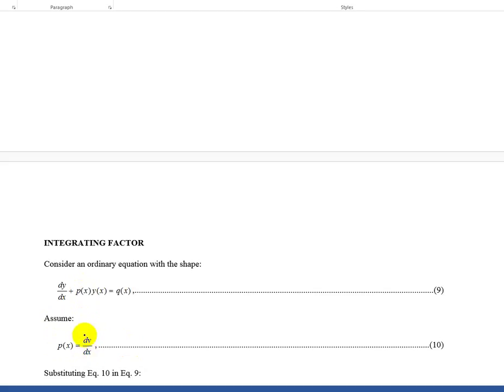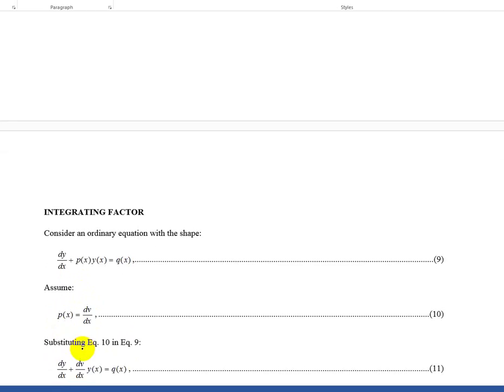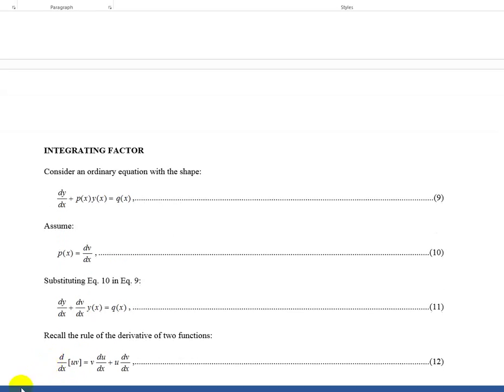So if we substitute equation 10 in 9, we have this. This is pretty similar to the product rule of the derivative. If you remember, it is given in this shape, right? So something would be missing here.